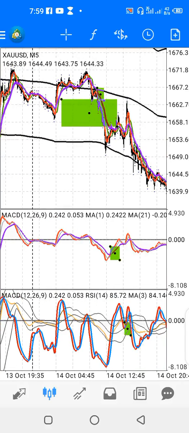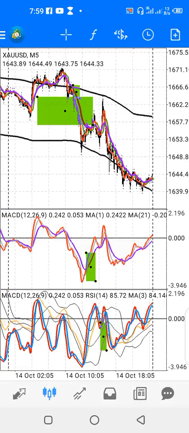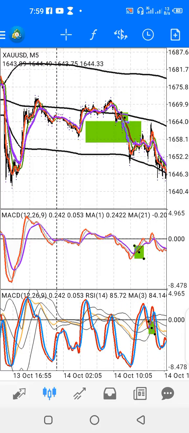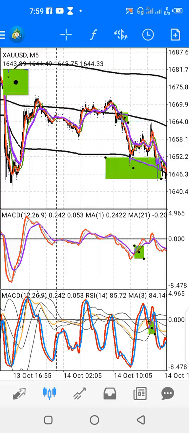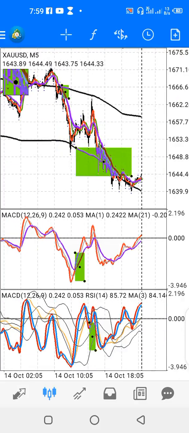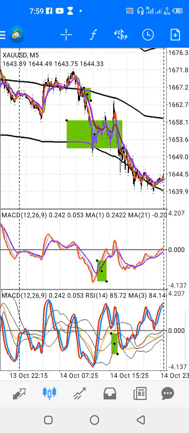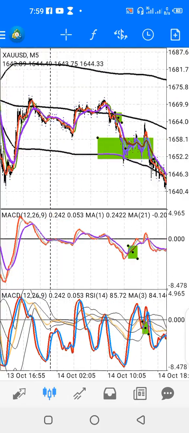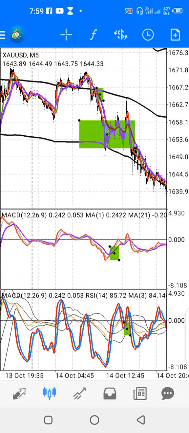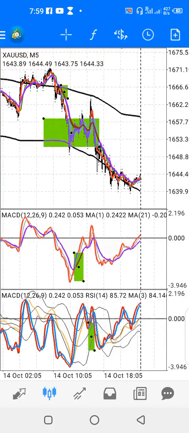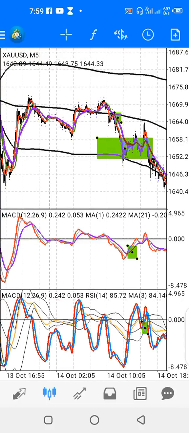And at times, it gets to the support area, like you have around here, and then starts to drop further, like what it's doing right now. So this is the 5 minutes time frame, and that's how to read the Bollinger Bands.